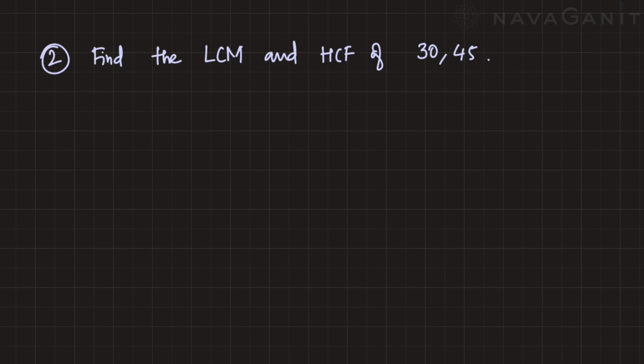Next problem, we have to find the LCM and HCF of 30 and 45. So if you are able to recollect, the first step we need to do is to factorize both the given numbers. So first of all, what is the prime factorization of 30? So 30 can be written as 2 multiplied by 3 multiplied by 5.